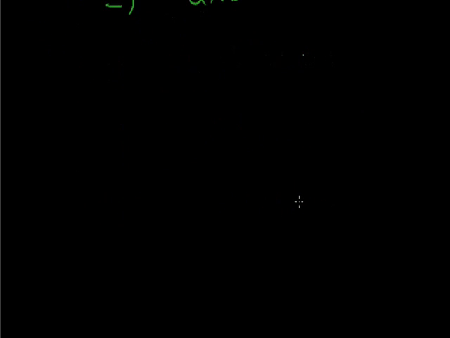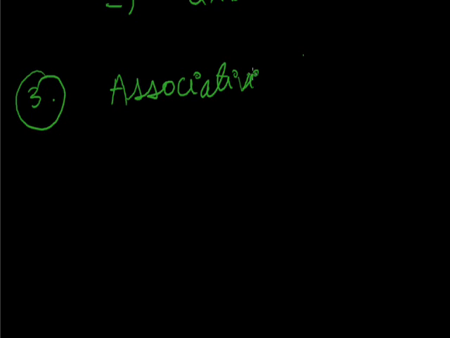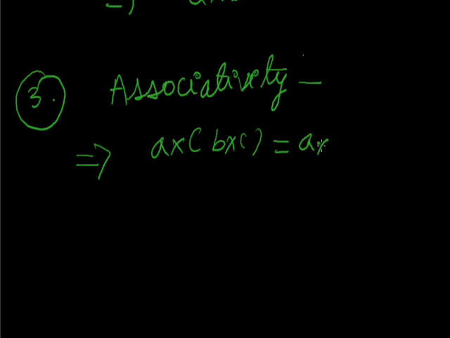Now moving to the last property of multiplication, that is associativity. It implies that (a cross b) cross c is equal to a cross (b cross c).